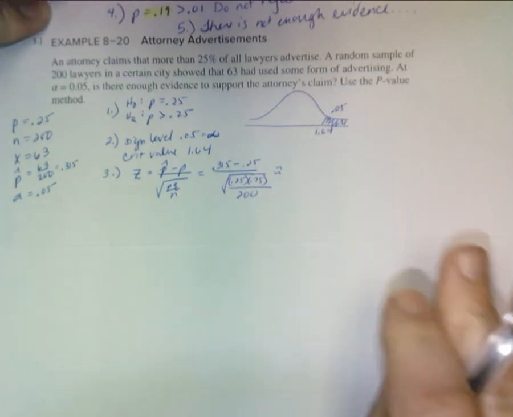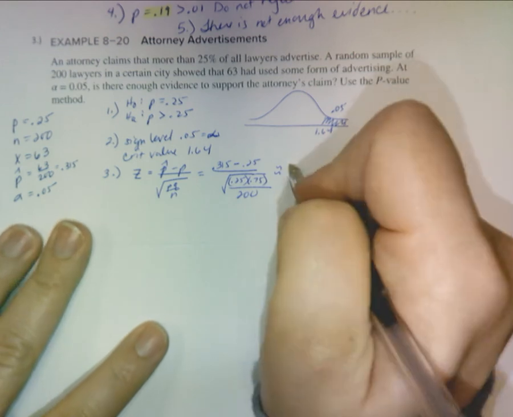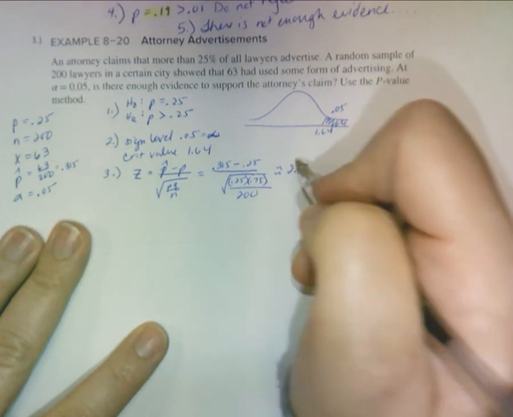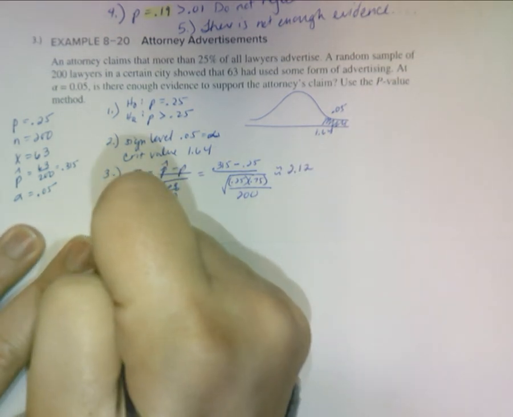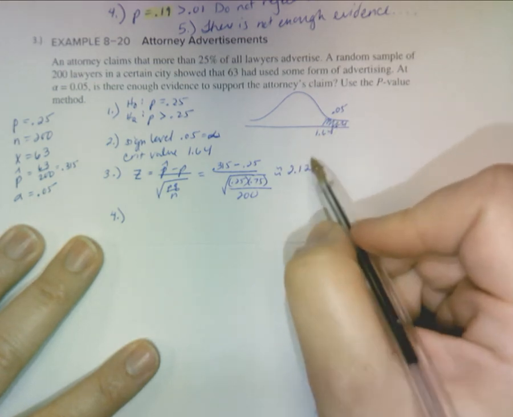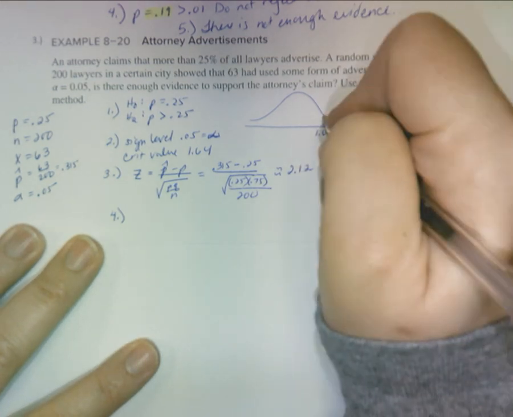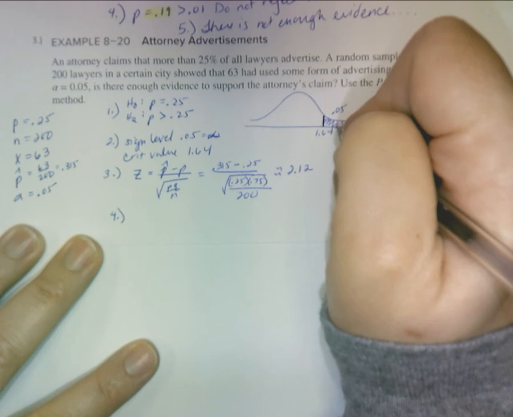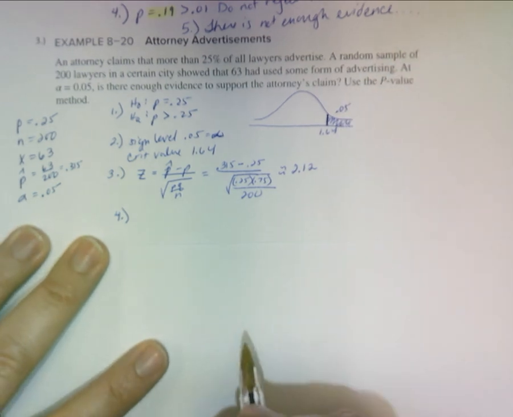You type that into your calculator. You should get roughly about 2.12. I mean, look at that number. Aren't you already in the critical region? If 1.64 is your cutoff and you're at 2.12, you know what's going to happen right now.